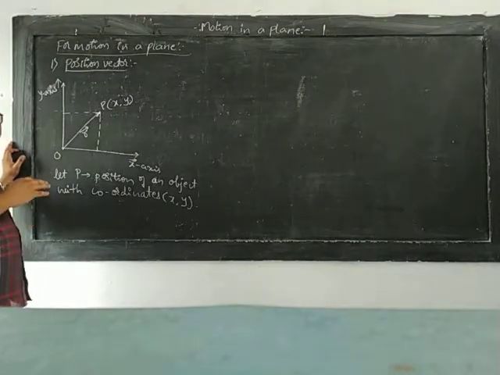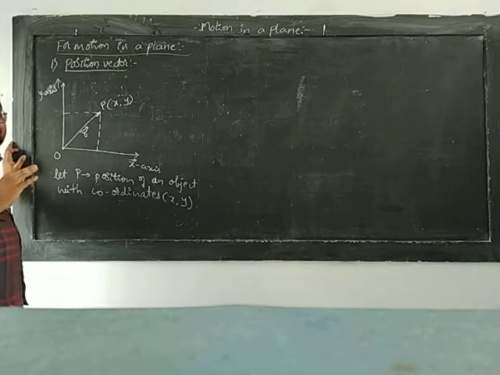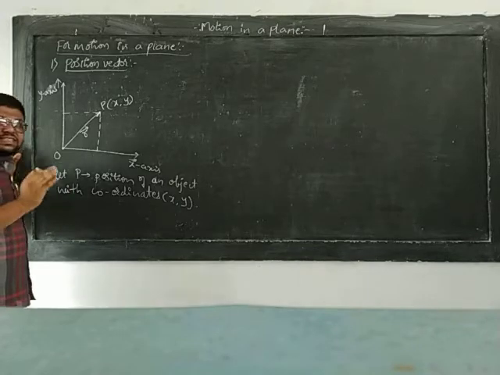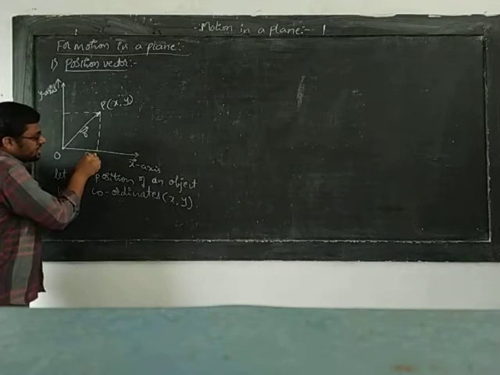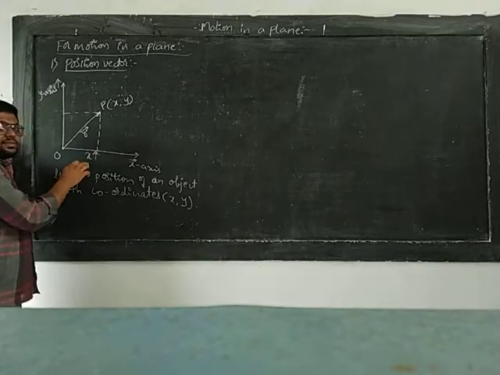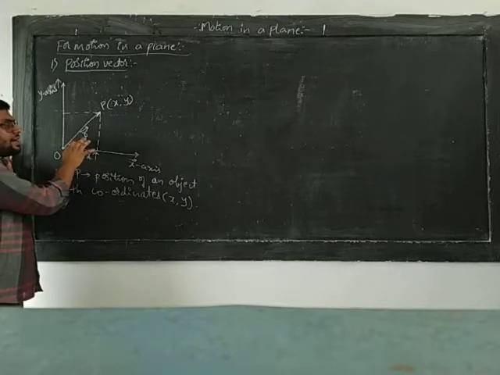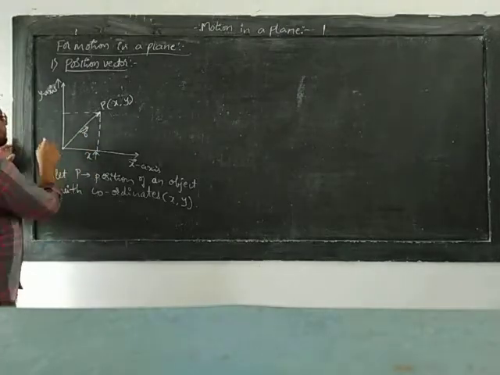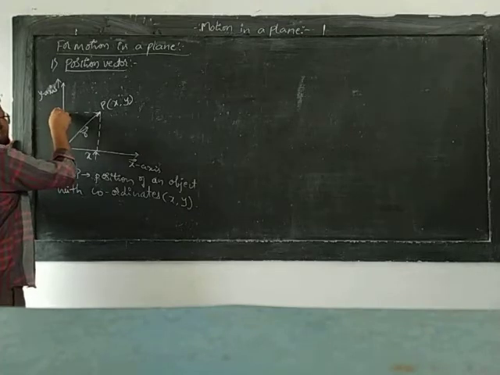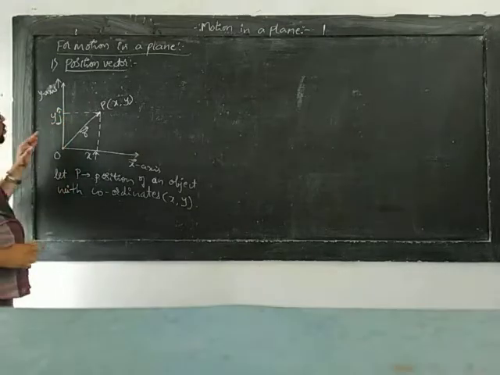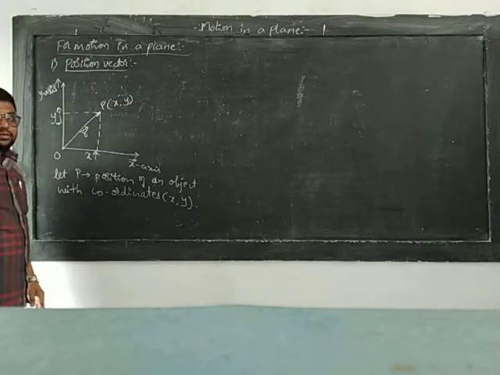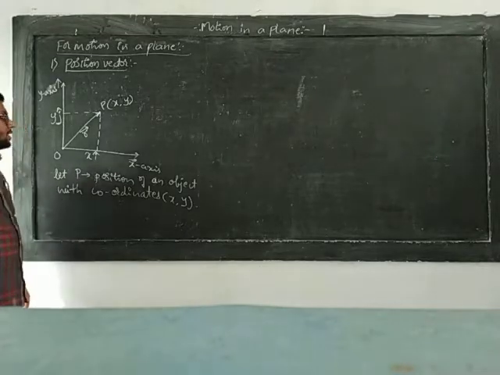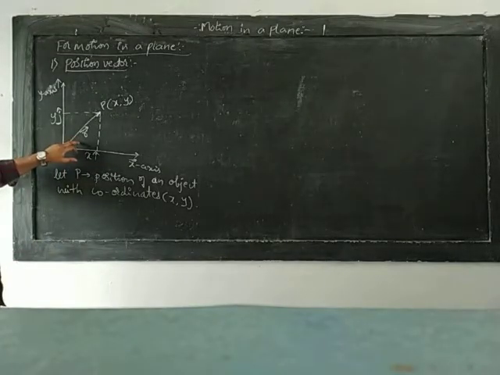But here I will consider simply x i cap and y j cap, instead of considering Rx i cap and Ry j cap. Right? So that is x i cap. What it means? It is the component of vector R along x direction. And here y j cap. Okay. What it means? It is the component of vector R along y direction, or along y axis. So this is the position vector R, vector R.